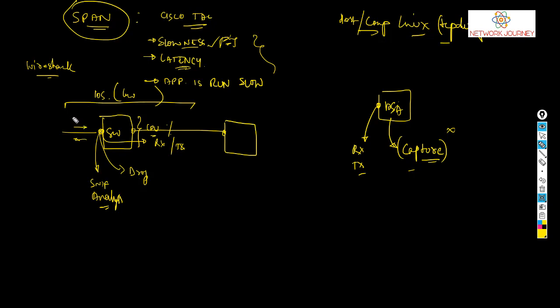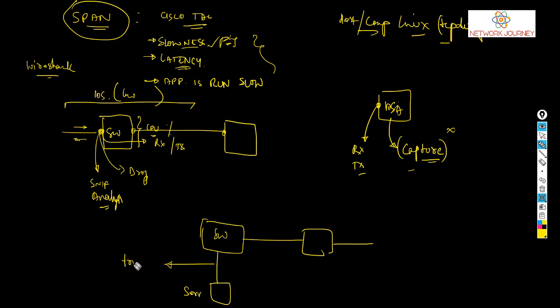The problem could be a little more complicated. Let's say this was the network design, and you have some server here, and over here you have some trunk. Now you know a trunk is going to carry a lot of VLANs. How are you going to find out who is the culprit now?